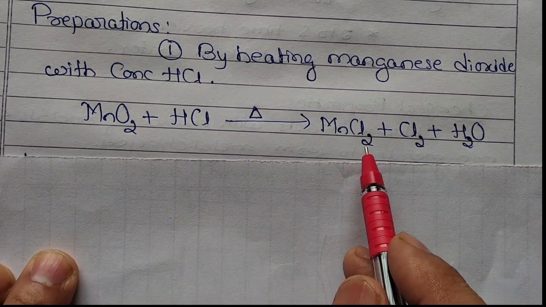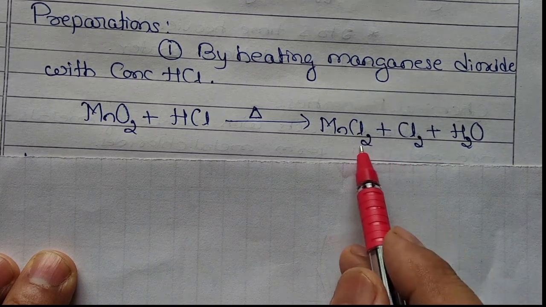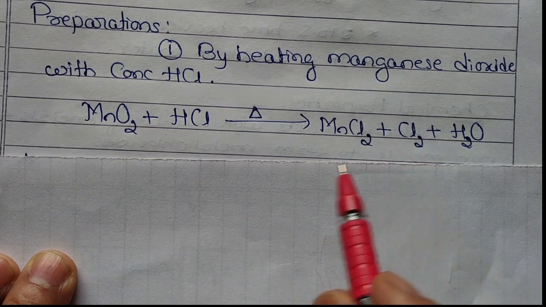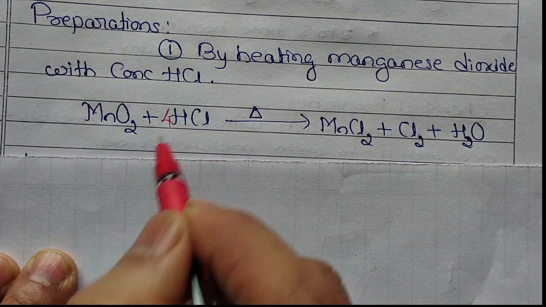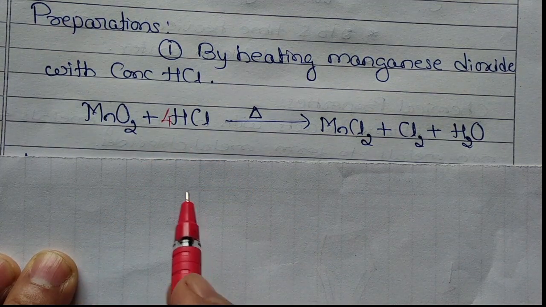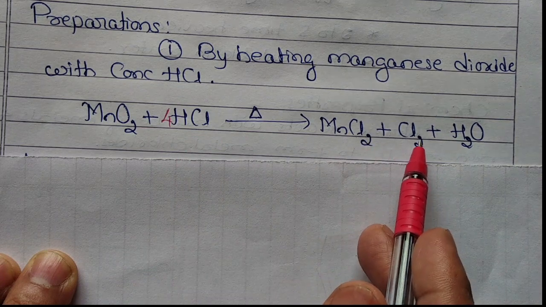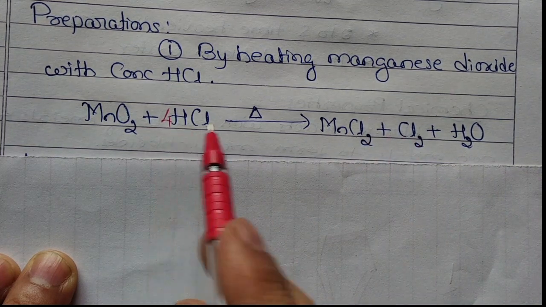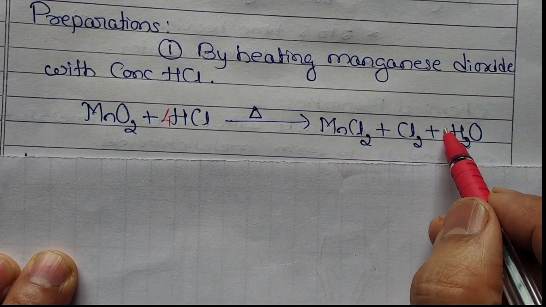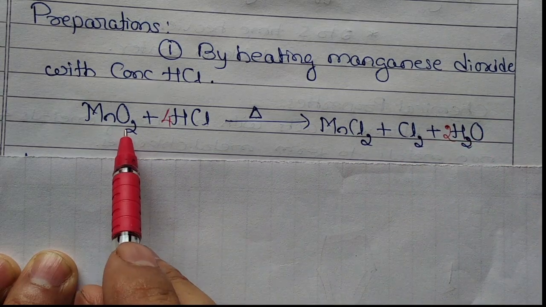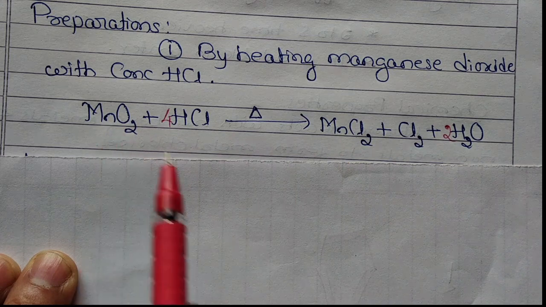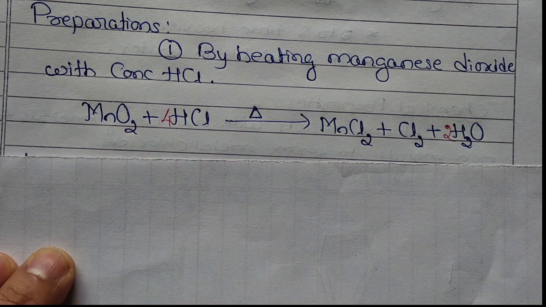We have to balance here. We have 4 chlorine, so we require 4 HCl here. Now chlorine is balanced. Hydrogen is 4 here, so you have to write 2H2O. Now what about oxygen? 2 oxygen, 2 oxygen, 1 Mn, 1 Mn. So this is balanced.